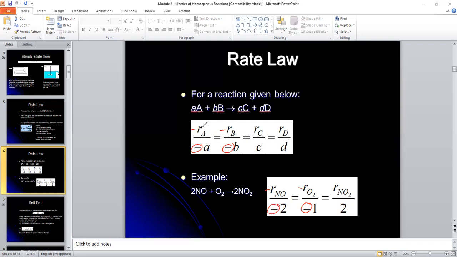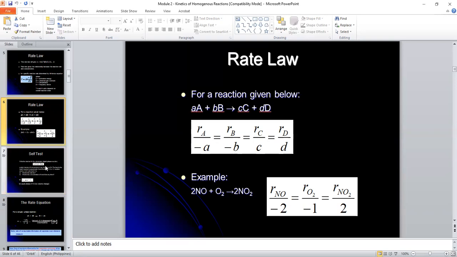So the rate will be different if the species used as a basis is different. It could only be the same if the stoichiometric coefficients of these species are equal in your balanced chemical reaction. Any questions?